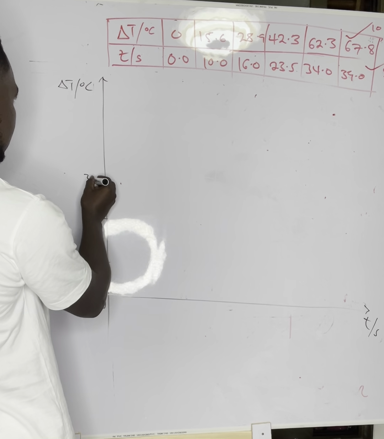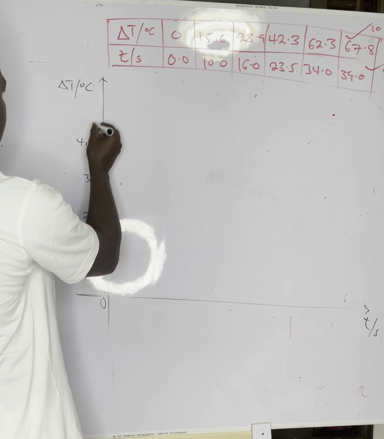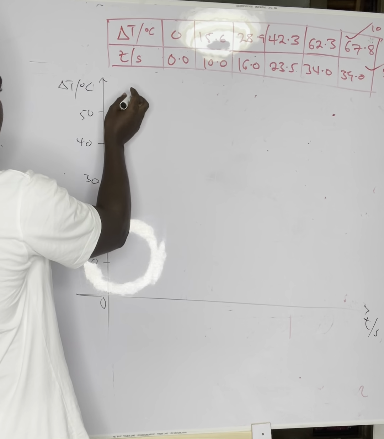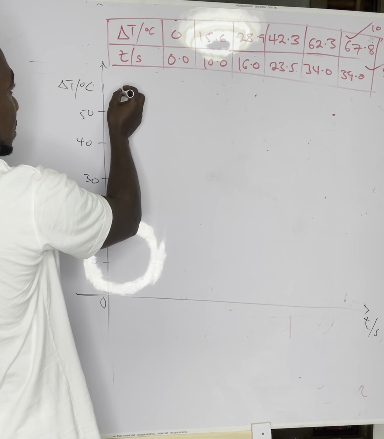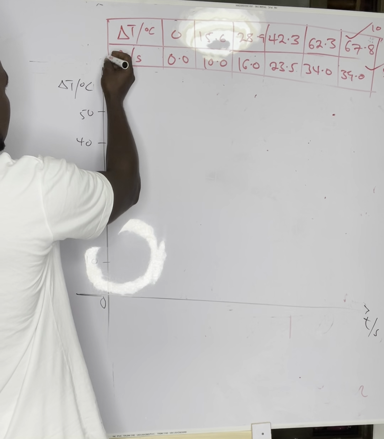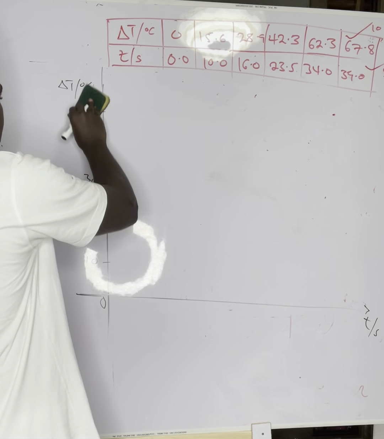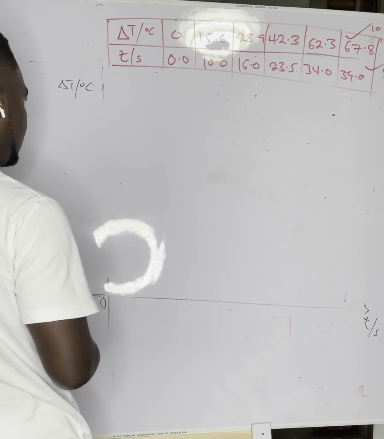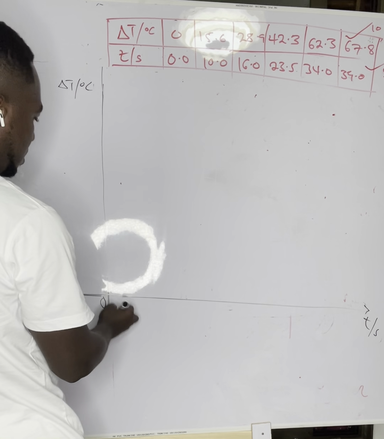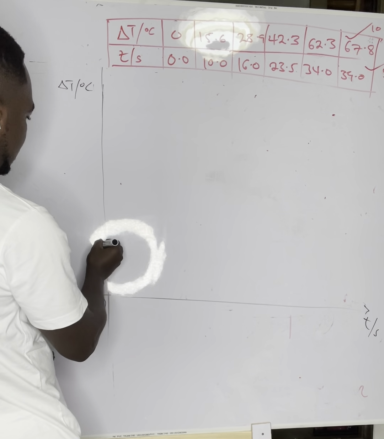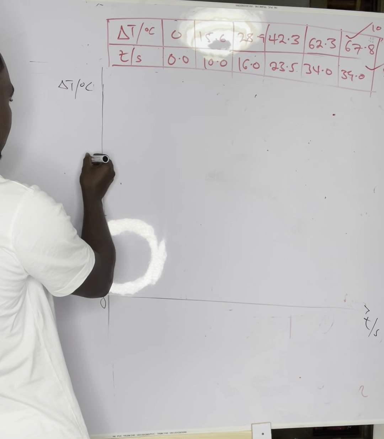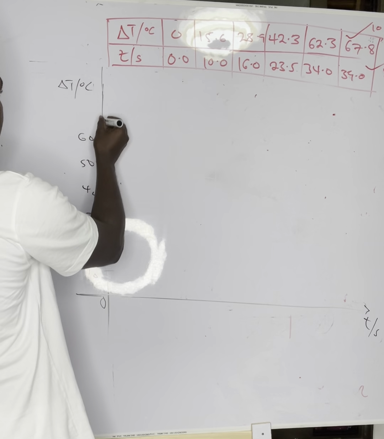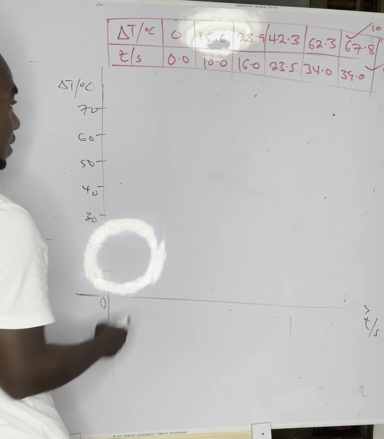20, 30, 40, 50, interval is too big. So 10, 20, 30, 40, 50, 60, 70.